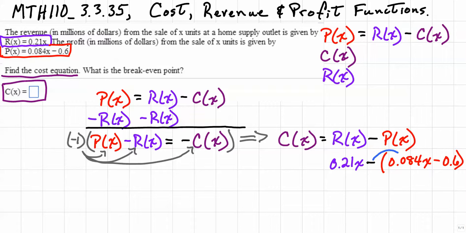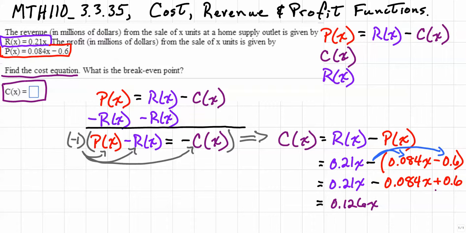Applying the negative sign to both terms, we can rewrite this as 0.21x minus 0.084x, and this will be a negative here, so that's plus 0.6. Now I simplify by combining the two x terms, which yields 0.126x. Don't forget I still have the plus 0.6, so my cost function is 0.126x plus 0.6, and this is what you would input into the answer field.